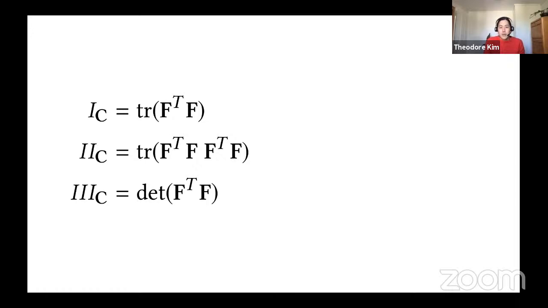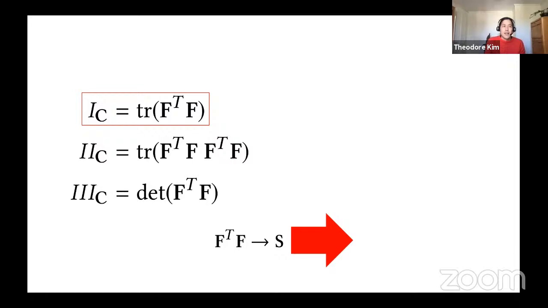So what are we going to do? Let's look at the first one, and I'm going to do something that looks extremely careless here. I assure you that something a little more concrete happens in the paper. Let's just say, F transpose F, let's just replace it with S. Then we'll get that thing that was irreducible and wasn't showing up in our energy before. And let's just keep doing this. Let's do it with the other two as well.